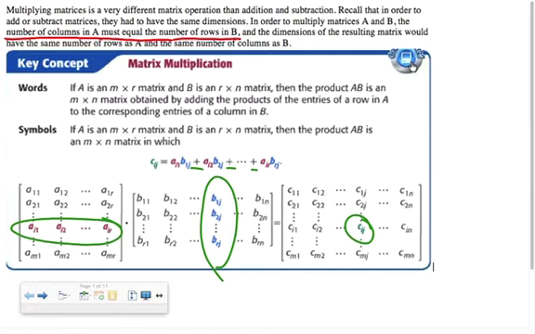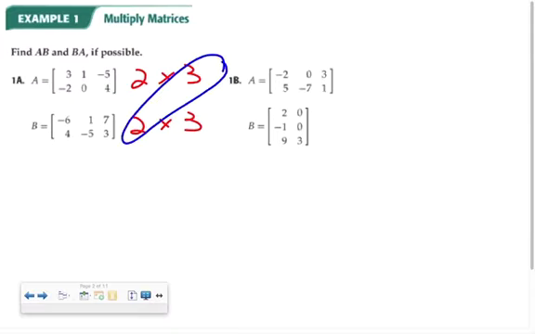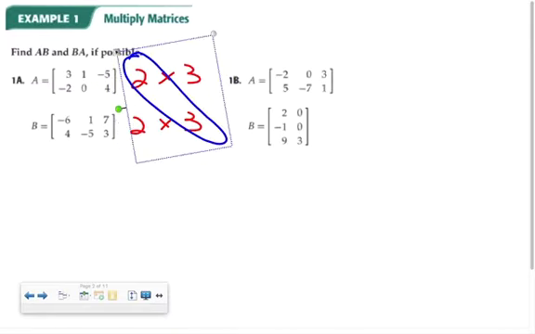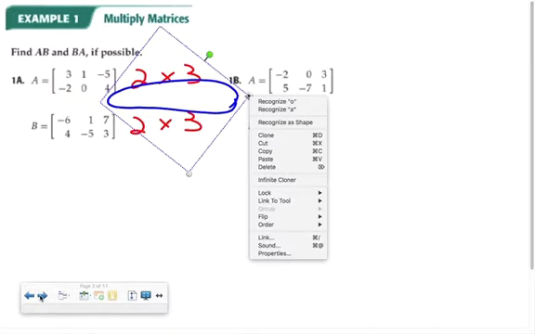And so in example 1, part A, if I want to multiply A times B, we'll first realize A is 2 by 3, and so is this. So the number of columns and rows this way aren't the same, and they're not the same this way either, which means I can't. This is not possible.